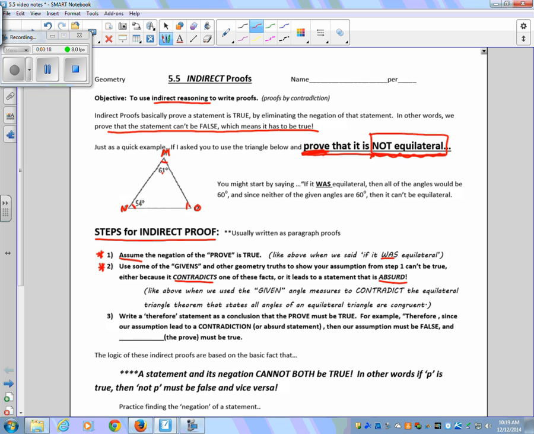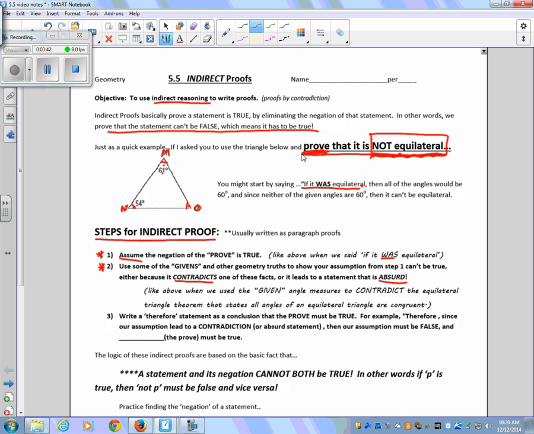like in the above example, when we're proving something's not equilateral, first let's assume it is equilateral. Well, if it is equilateral, then we know that all these angles have to be 60 degrees because we learned that with the equilateral triangle theorem. It says all of the triangle angles in an equilateral triangle are congruent, therefore 60 degrees.